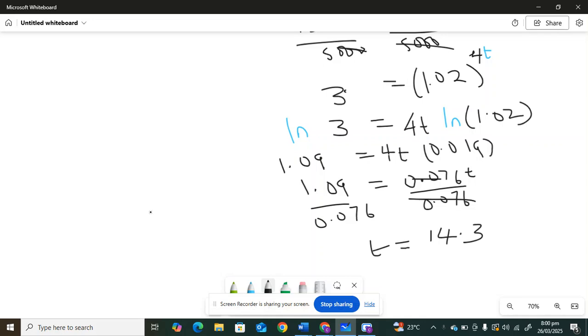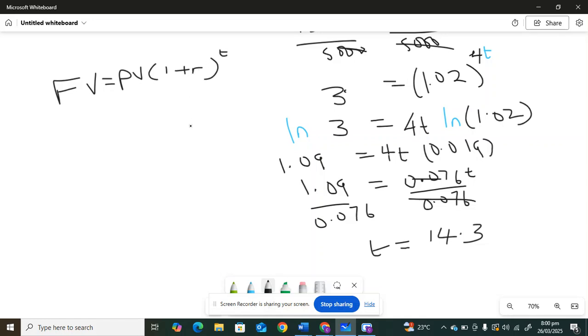Okay, so future value equals present value times (1 plus r) to the power t.